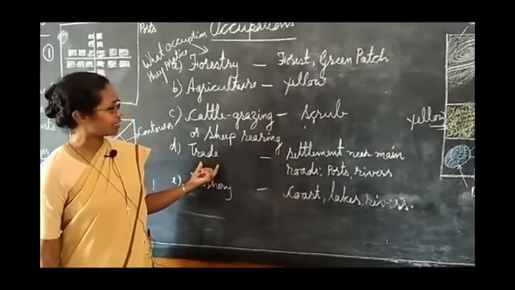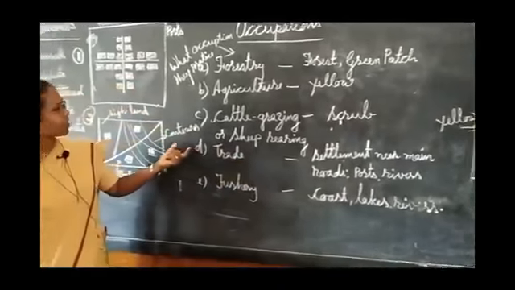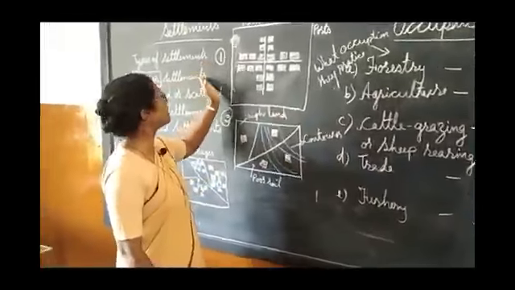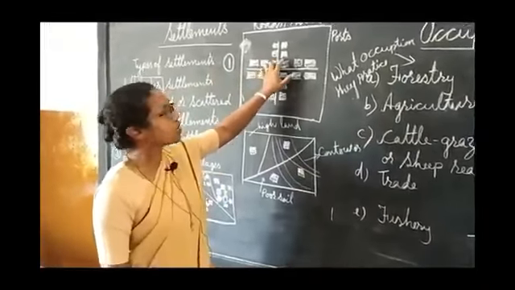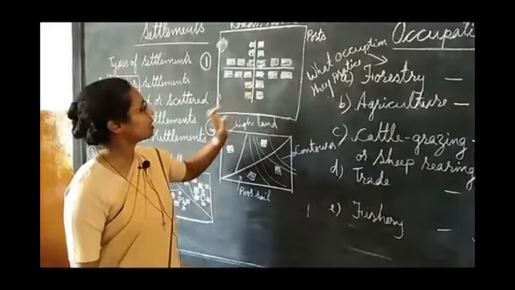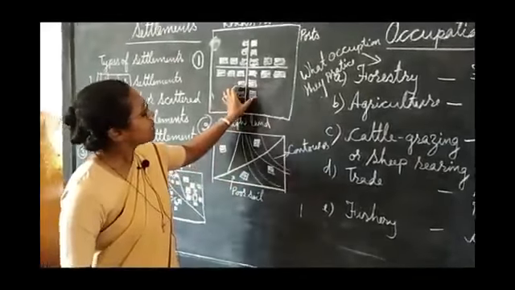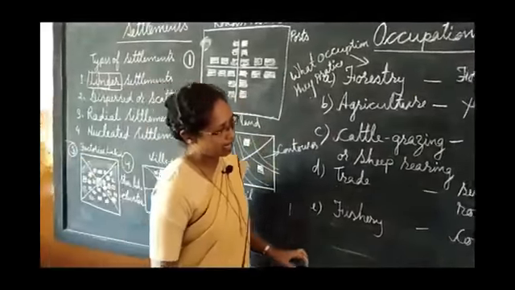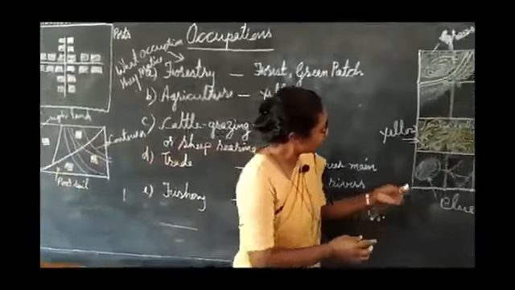The next is trade. As the first point, in settlement we have studied the linear settlement beside the roads, ports and rivers. The symbols for the rivers and tanks are blue in color.